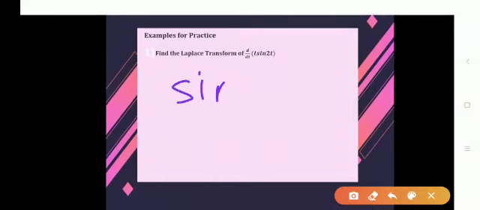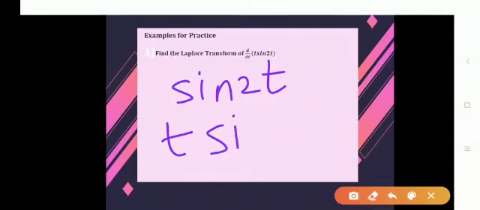Obviously, first you have to find the Laplace transform of sin 2t, that is from the standard result with a equal to 2. Then the multiplication by t property, and then find its value at t equal to 0. Obviously t is a multiplier, so when t becomes 0, the function value is 0. So you have to just find minus f of 0 plus s into L of f of t result.